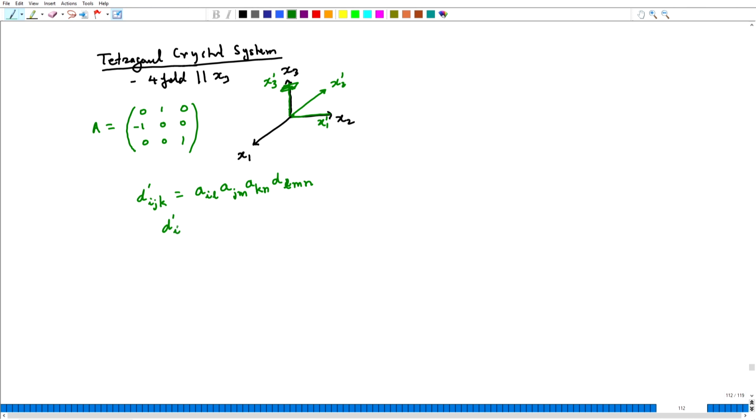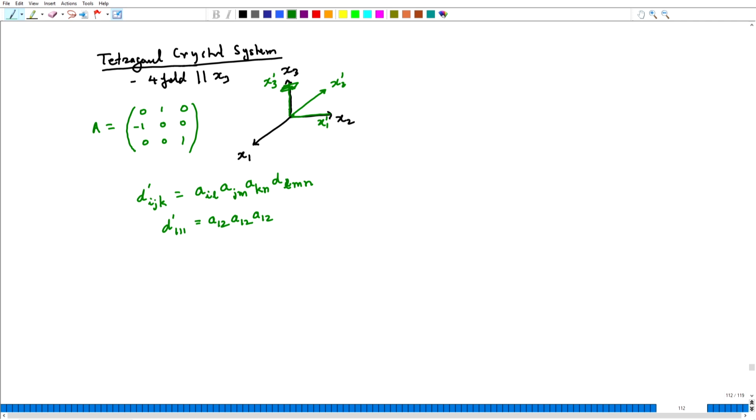d prime ijk. So, let me write it for some specific values of ijk. So, d prime 111 equals a12, a12, a12, only the non-zero terms, all the 3 terms are 1.